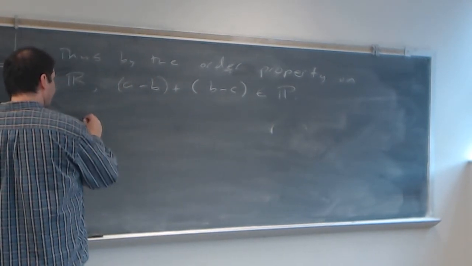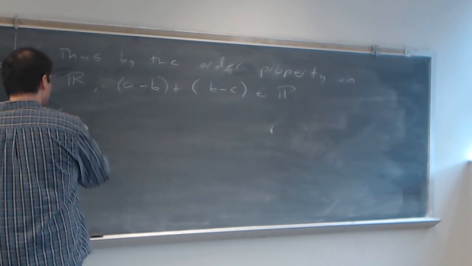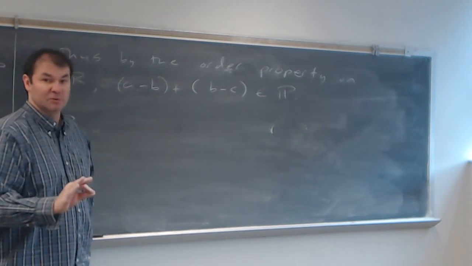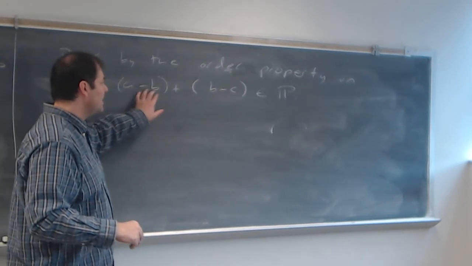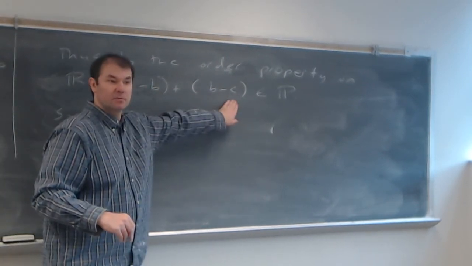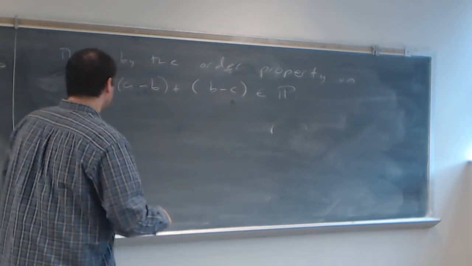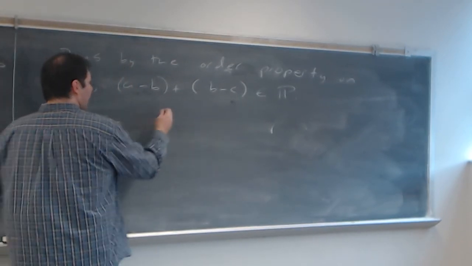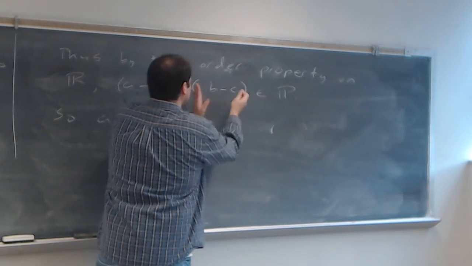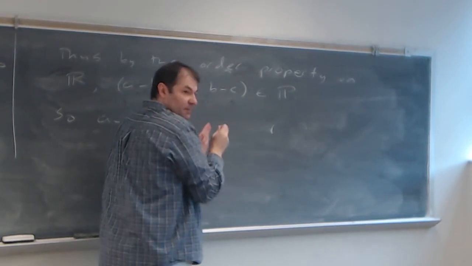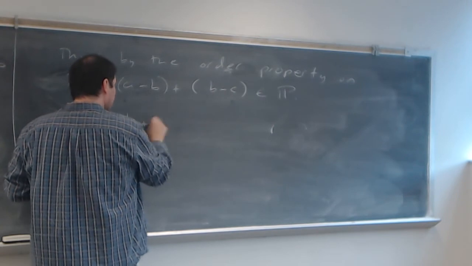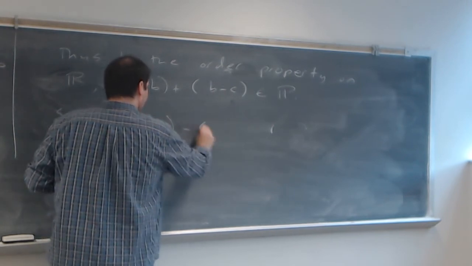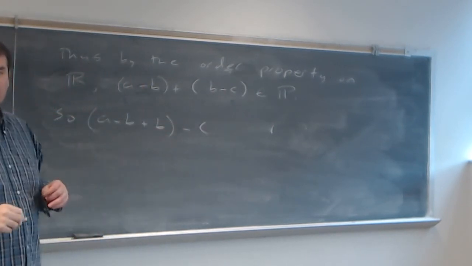What you can do is you can think of this as one thing plus two things here. And so I'm saying take the first thing plus these two things combined. I'm going to rewrite that as this first thing plus this guy minus C. Okay? That's what I'm doing.